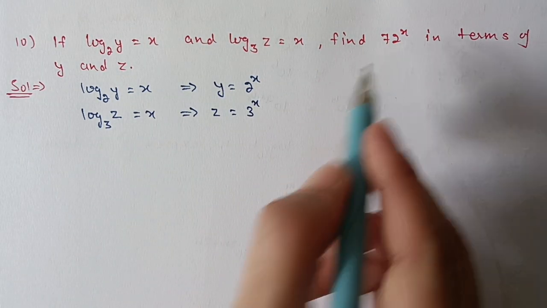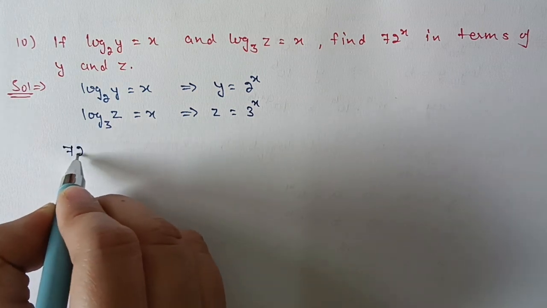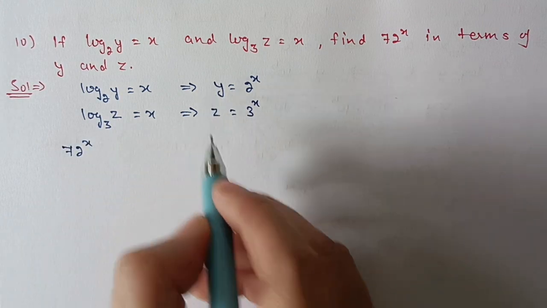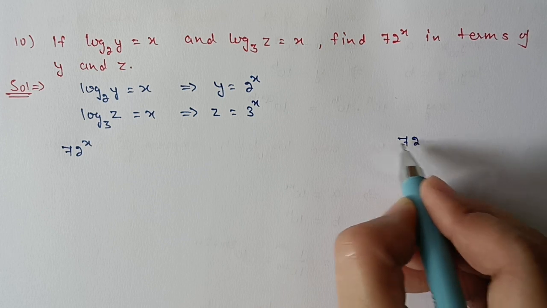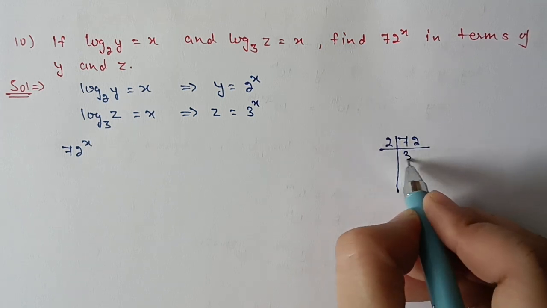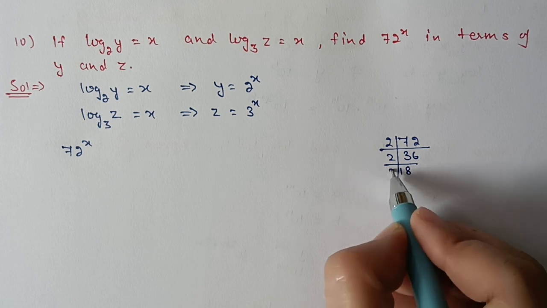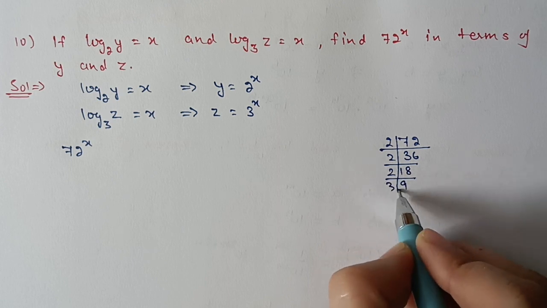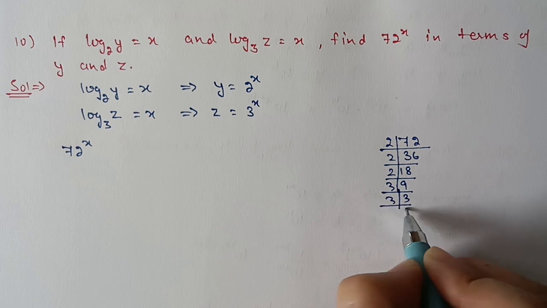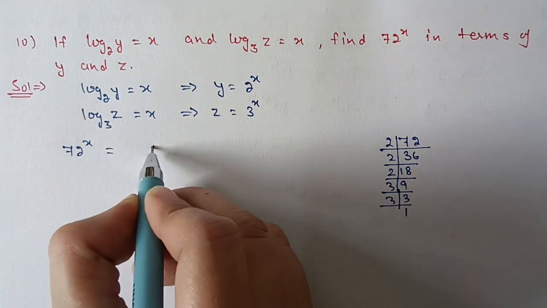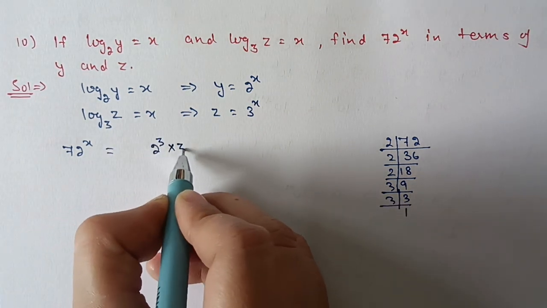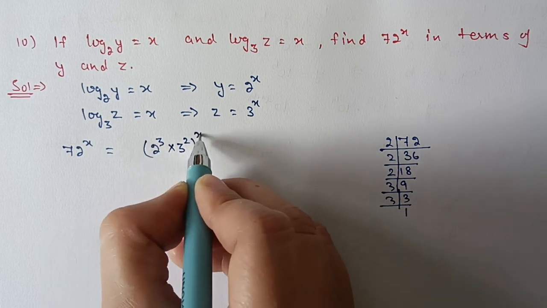Now 72 to the power x we have to write in terms of y and z. So first do the factors of 72. 72 we can write as 2 to the power 3 and 3 to the power 2. So 72 to the power x is equal to 2 to the power 3 into 3 to the power 2 whole power x.